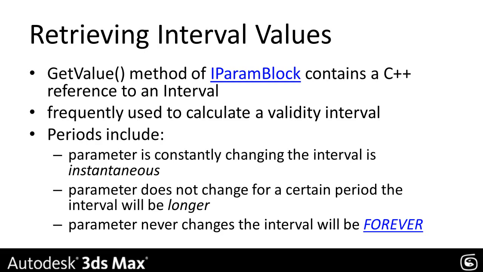And the periods of the interval include these concepts, which is basically a parameter that is constantly changing is instantaneous. A parameter that does not change for a certain period of time, the interval will be longer. And parameters that never change, the interval will be forever. Okay, so a fixed parameter is going to have a validity interval of forever.